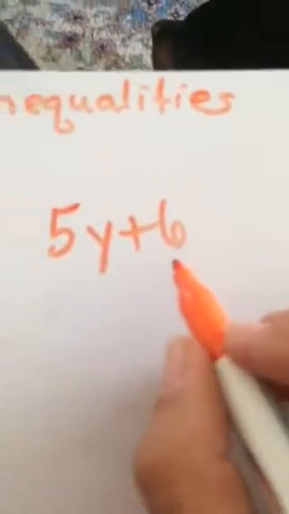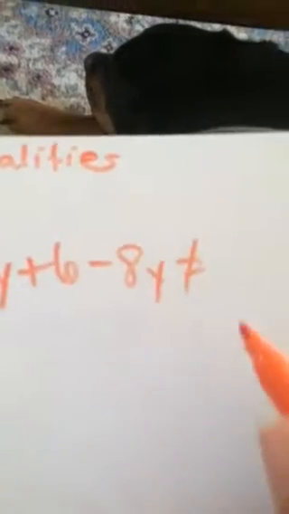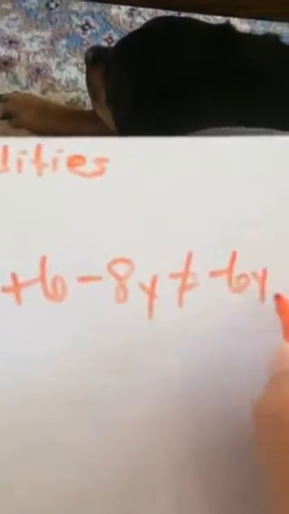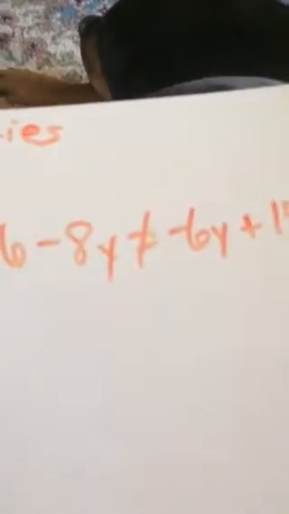Okay, so here we go. 5y plus 6 minus 8y does not equal, that's another inequality, negative 6y plus 15.